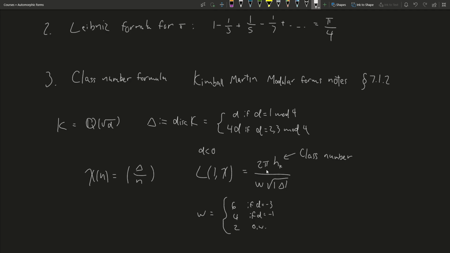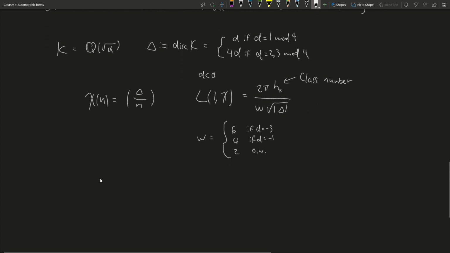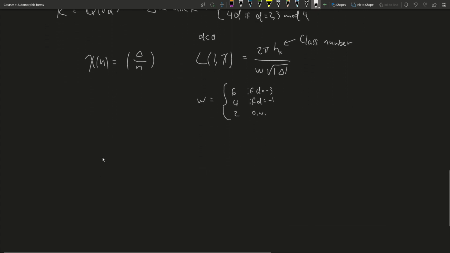Okay, and from this you can see that the value is pi over 4. There's also a similar formula when d is positive, so you have a real quadratic field.